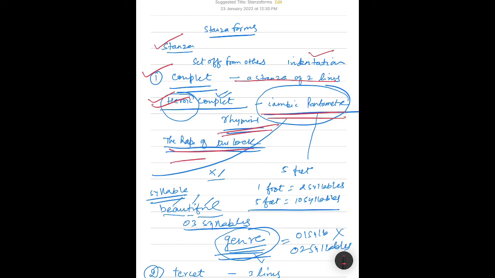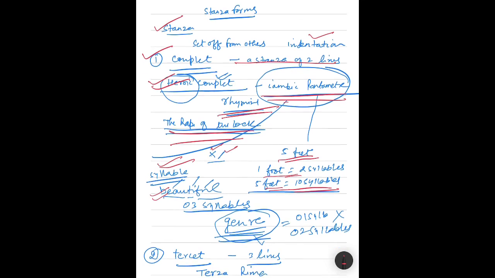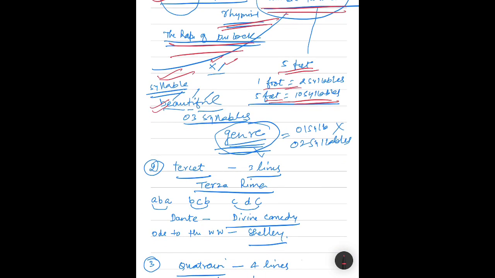The Rape of the Lock is an example. I also tried to explain that iambic means first syllable is unstressed, second is stressed. Pentameter means 5 feet, 1 foot equal to 2 syllables, 5 feet equal to 10 syllables. And what is syllable? I explained it to you and I gave you one example, beautiful, 3 syllables are there. I also gave you this example to pronounce the word correctly. Genre. The 2 syllables are there.